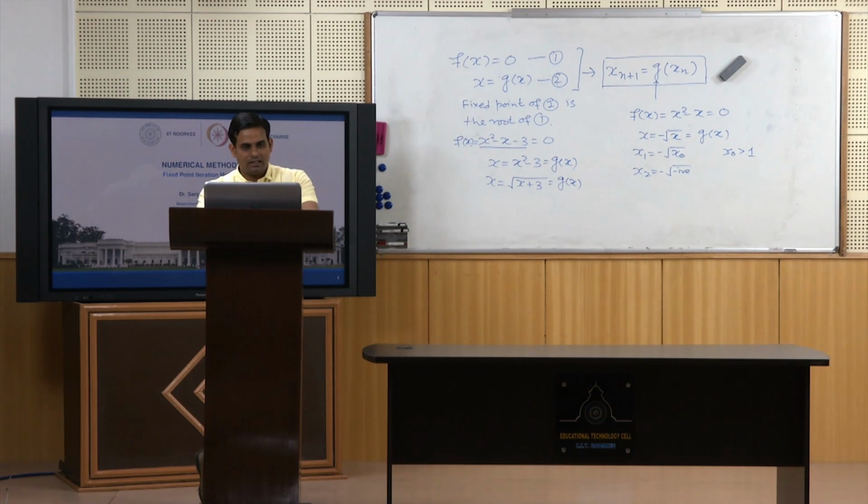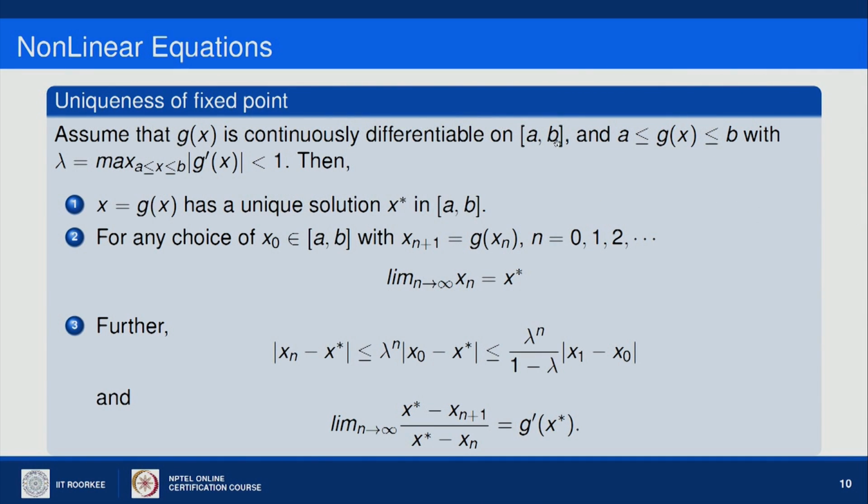Because x star will be in this interval and we are taking lambda as the maximum value of |g prime x| for all x in this interval, x star will be somewhere in this particular interval, and hence this value will always be less than 1. So the limiting value of E n plus 1 will be strictly less than E n.